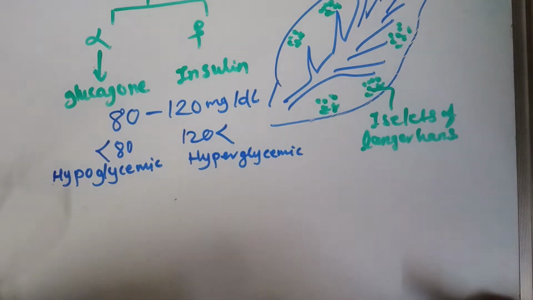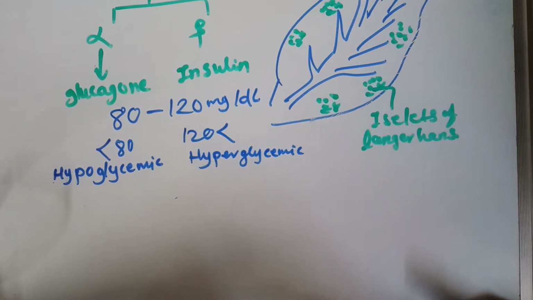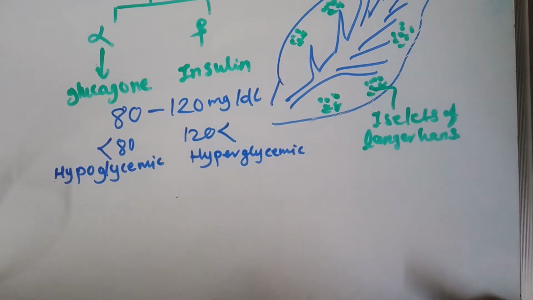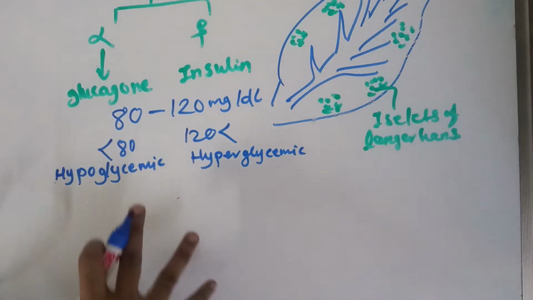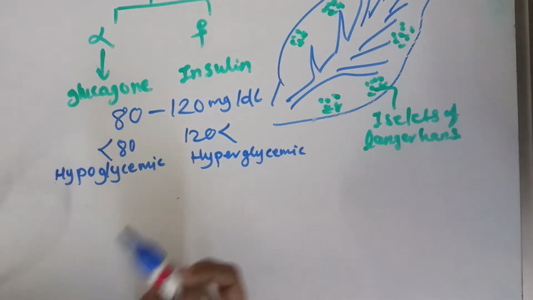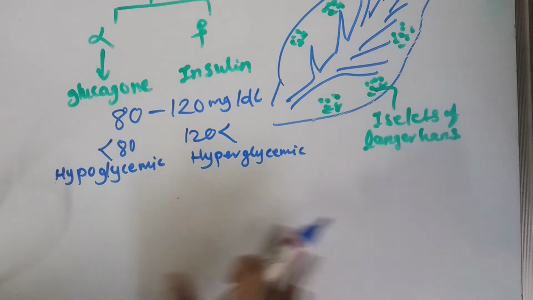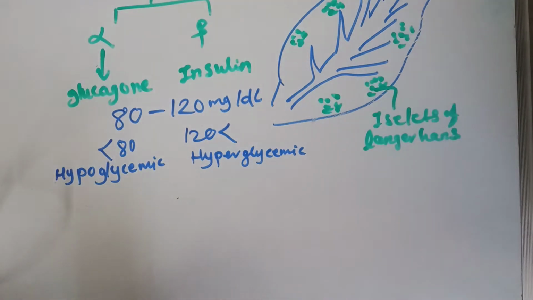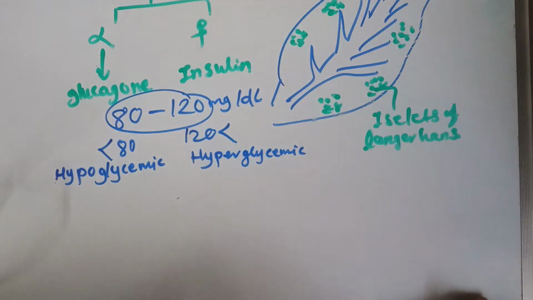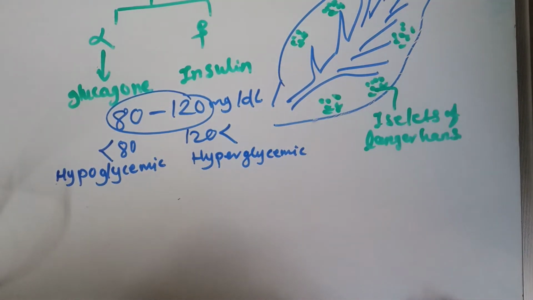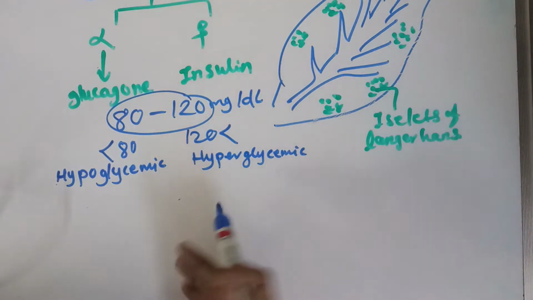Guys, our body system is very smart. Whenever this situation occurs in our body, it tries to bring it back to normal. That means when there is high or low glucose concentration, our body tries to maintain blood glucose concentration at this 80 to 120 mg. Because of this, it stimulates different types of cells.